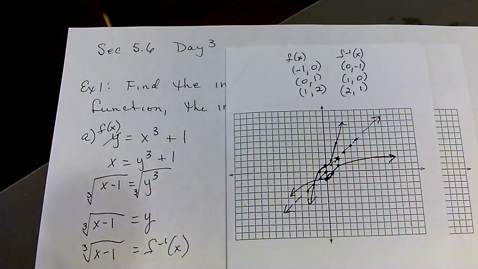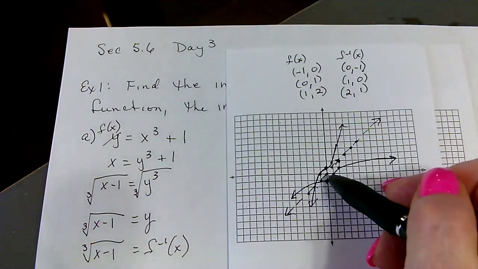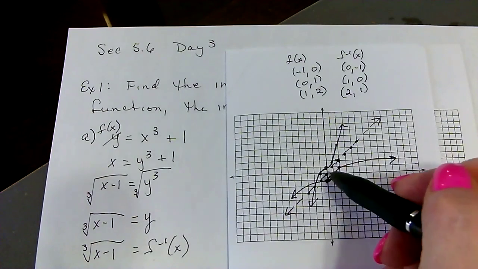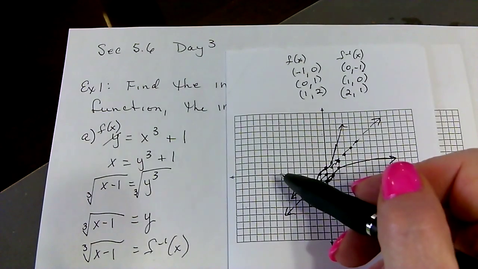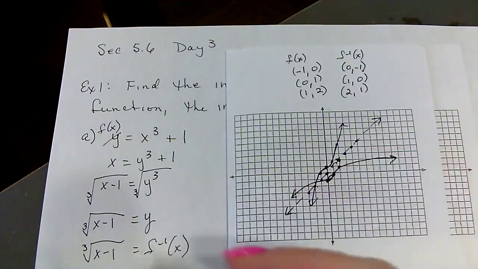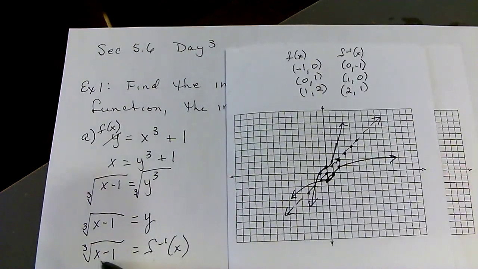Now, let's see where some of those points should have been, okay? Because if we want to know, then we can come in here. Let's try -7, because that will give us a -8 inside of there. Okay, here's what I mean. If I pick x is -7, -7 minus 1 is -8.